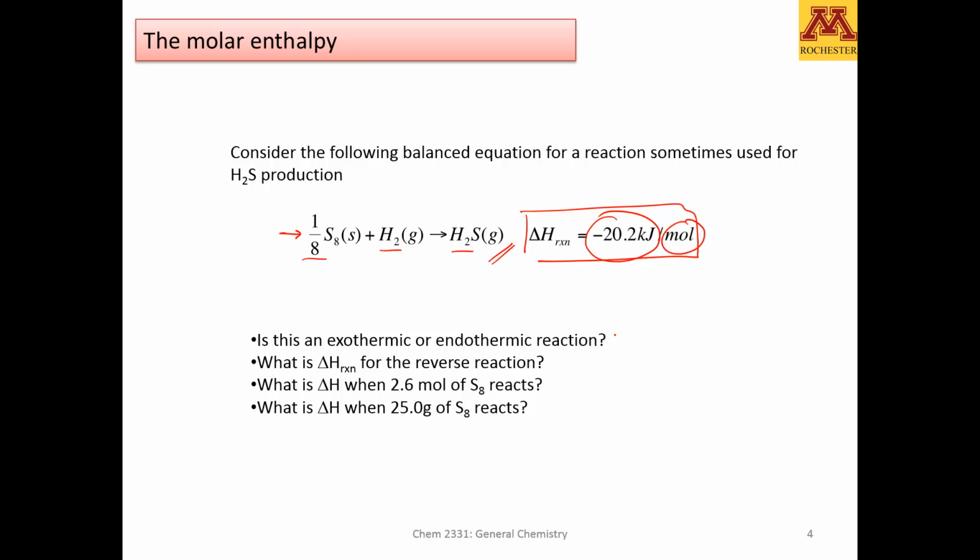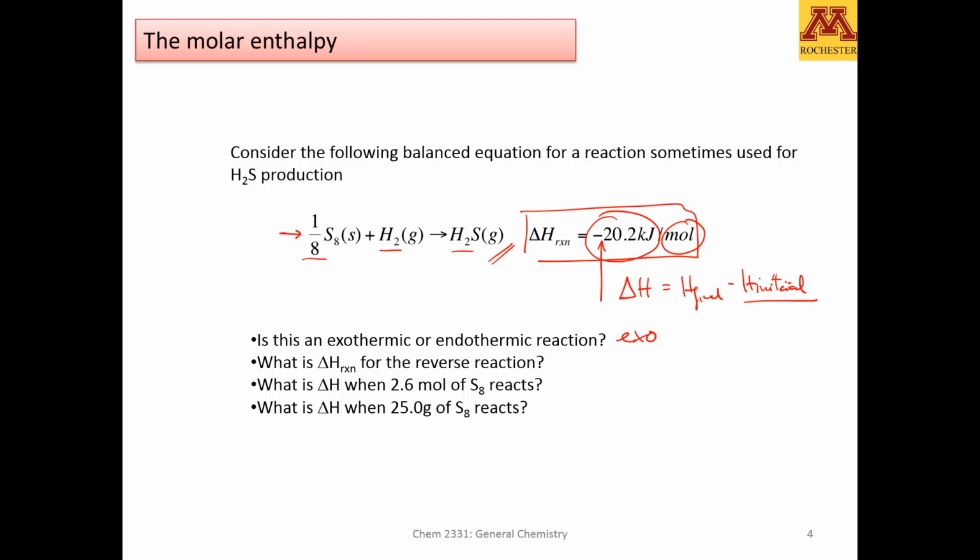Okay? So let's answer these questions. Is this an exothermic or endothermic reaction? Well, we said that because this is negative, it means that delta H is final minus initial. To be negative, it means that the initial internal energy is larger than the final, this has to be therefore exothermic. Okay? So another property of the molar enthalpy is that if you reverse the reaction, you just need to reverse the sign of the enthalpy.